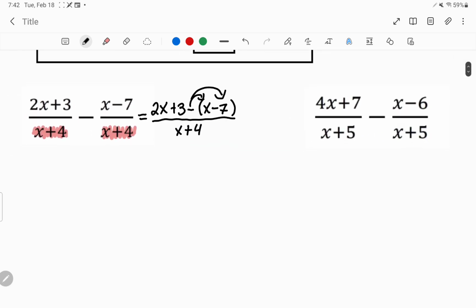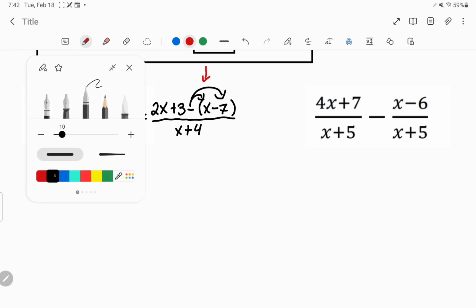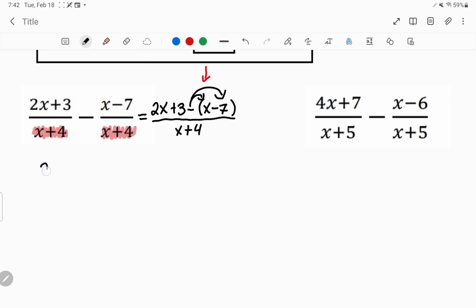Now, let's go ahead and simplify it a little bit, right? So because of this part right here, we're going to have to change those guys. So let's do this. So it's going to be 2x plus 3 minus x plus 7, and everything's over x plus 4.